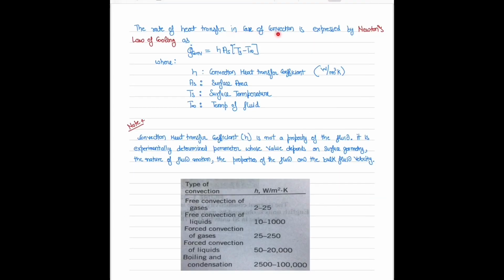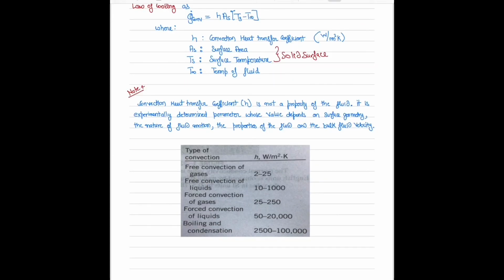The rate of heat transfer in convection is expressed by Newton's law of cooling as Q dot convection equals h A (T surface minus T infinity), where T surface is the temperature of the hot or solid body, and T infinity is the temperature of the moving medium, generally air. Here h is known as the heat transfer coefficient, with the unit watt per meter square per Kelvin, and A s is the surface area of the solid surface.